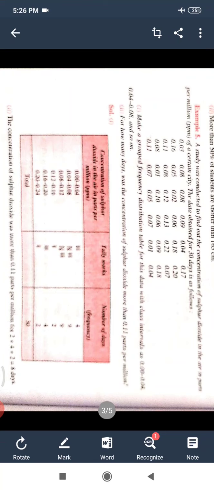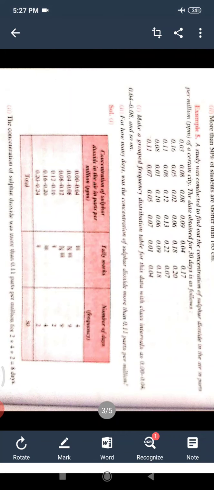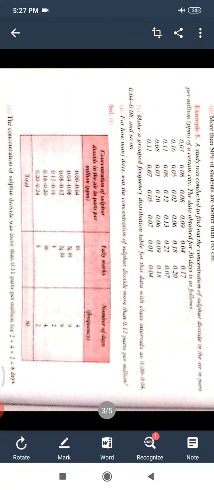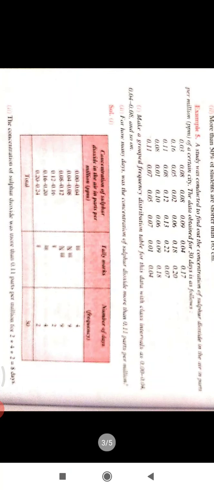Now next, 0.04 to 0.08. Count these numbers in the question. Do not include 0.08. You can consider up to 0.07, not 0.08. So now there are 9 numbers. You know that 5 plus 4 is 9.